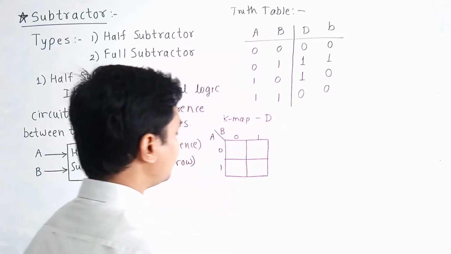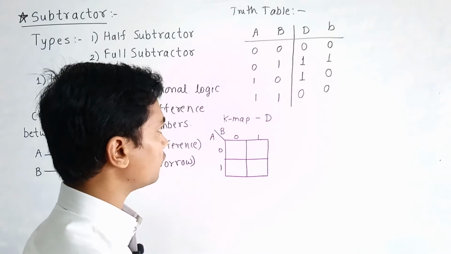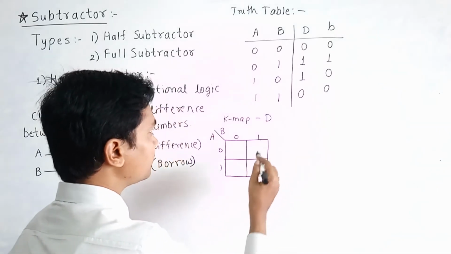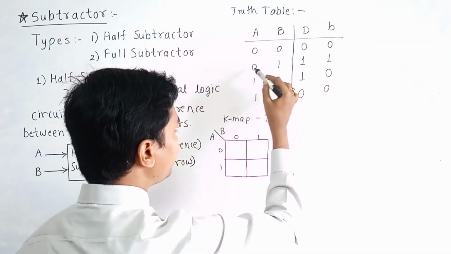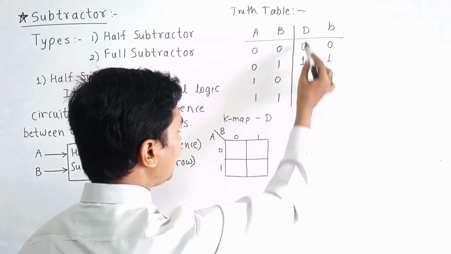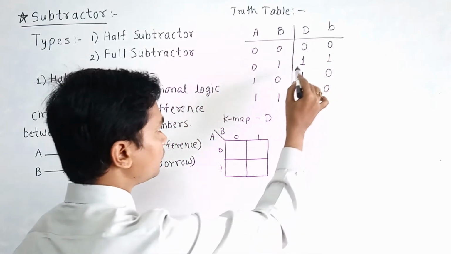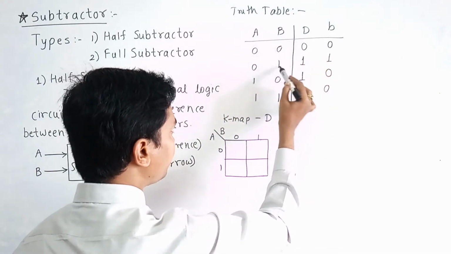Okay, now in this K map we have to write ones only for the combinations of A and B. So in this D column, whichever combinations of A and B are having output 1, only at those places we have to write the ones. So D is having 1 for the 0 1 combination.